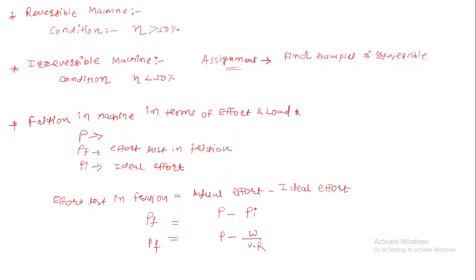We will see types of graphs in upcoming videos and some numericals. Just remember and practice all these terms so that you get acquainted with them. Today's assignment is to find examples of irreversible machines. For reversible machine, I have given you the example of the pulley system used in a well.